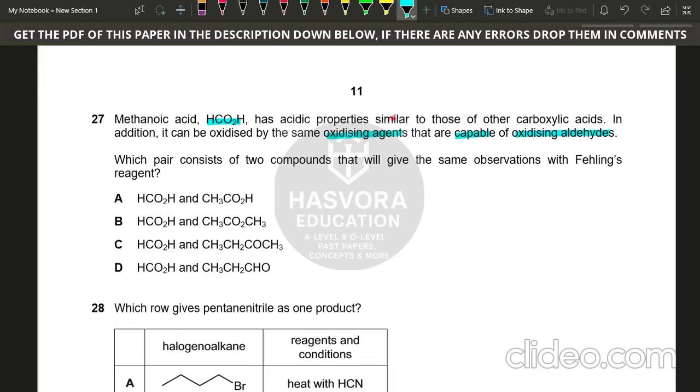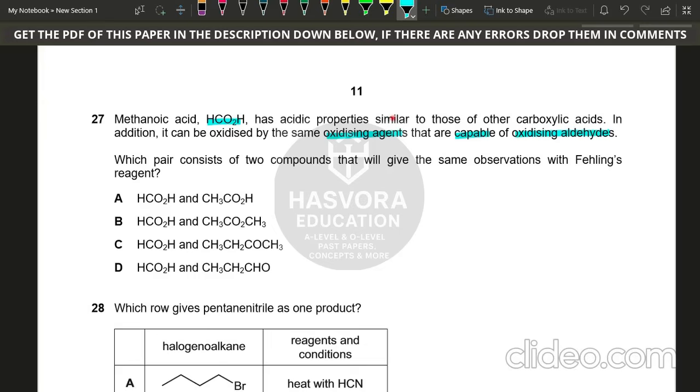Okay, so they have told you that the oxidizing agents that are capable of oxidizing the aldehydes can also oxidize the methanoic acid. So which pair consists of compounds that will give the same observation with Fehling's reagent?